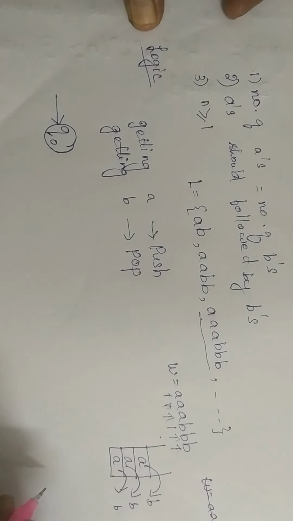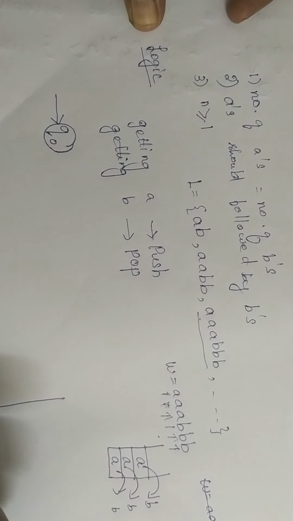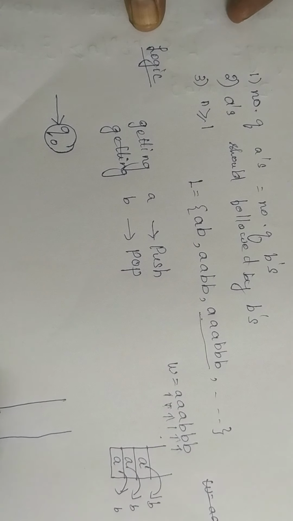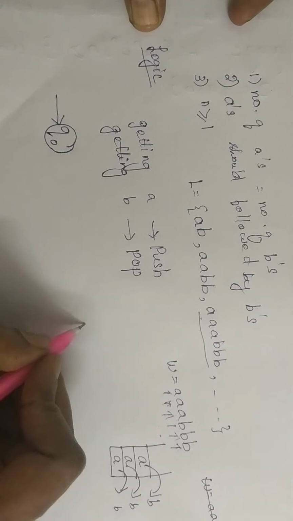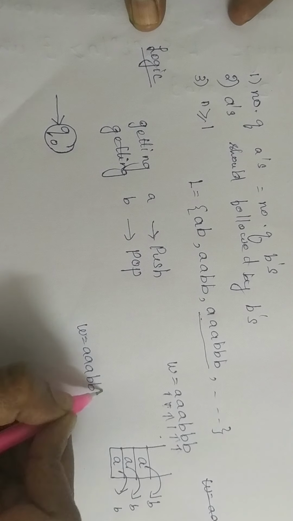I am drawing the stack of this push-down automaton here. We know that Z0 is always at the top of the stack. Our string is W equal to A A A B B B.